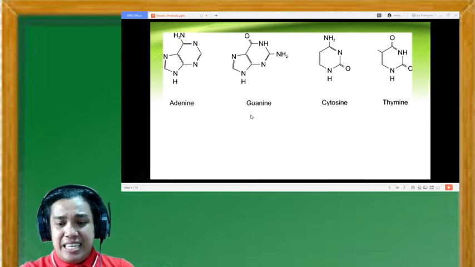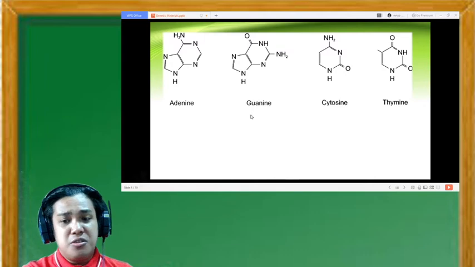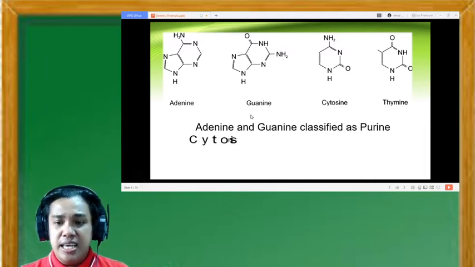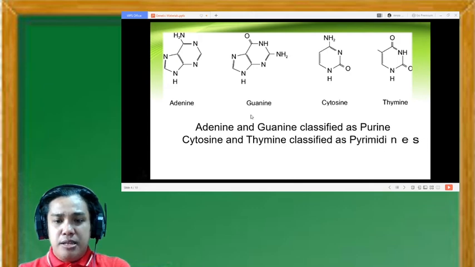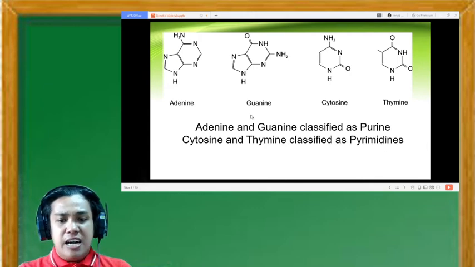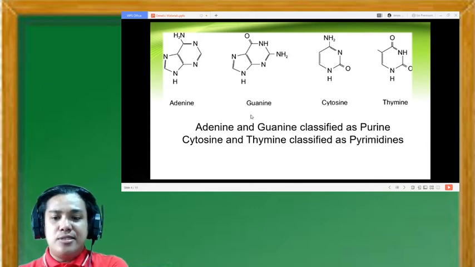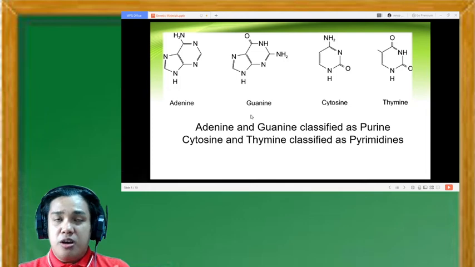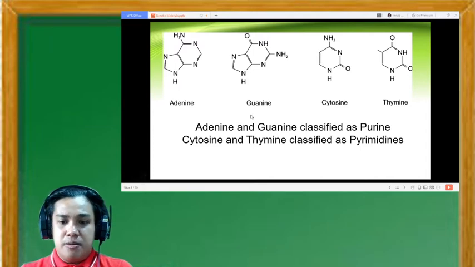Adenine and guanine are classified as purines since they have a double ring structure, while cytosine and thymine are classified as pyrimidines, which contain a single ring structure.